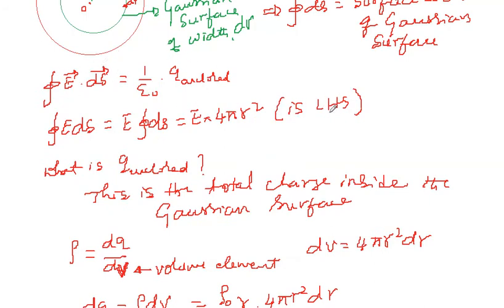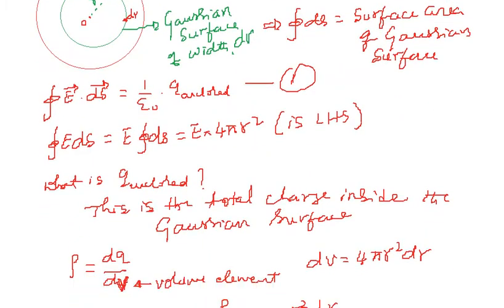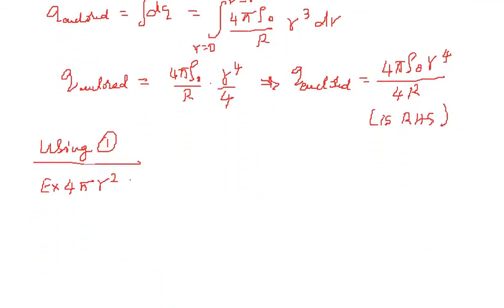So we found something for LHS and something for RHS. What is LHS? LHS is E into 4 pi r square. Let me say this is equation 1. So using equation 1, LHS is E into 4 pi r square, equal to, and now I have to put the RHS.